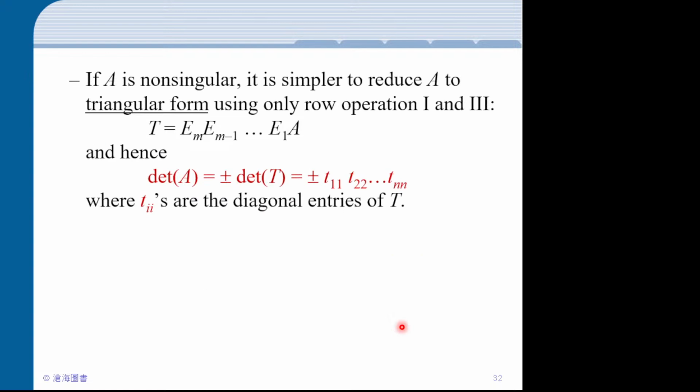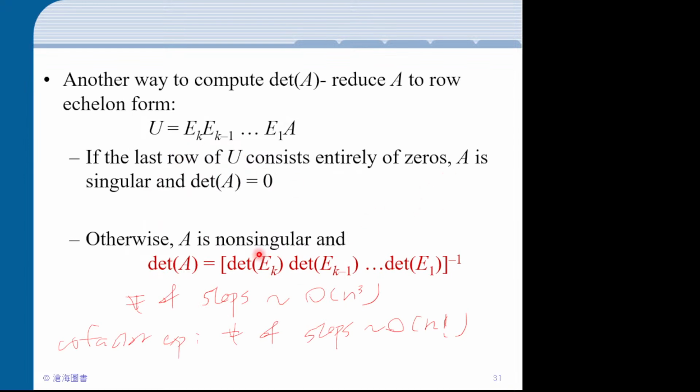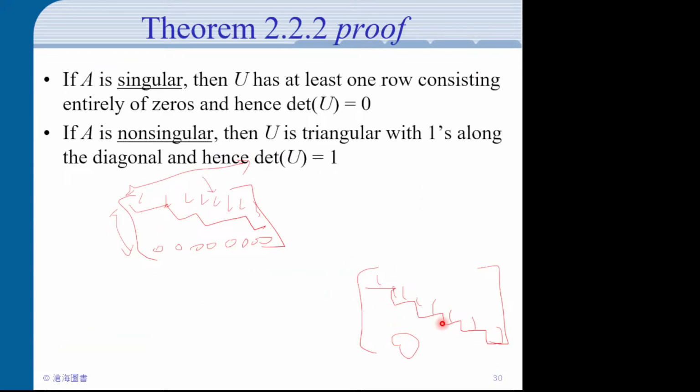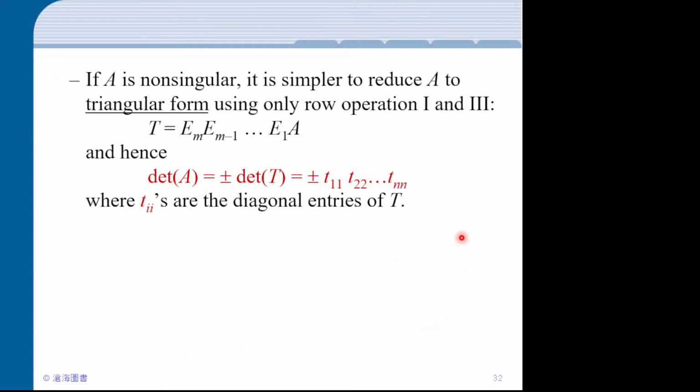Anyway, you can do this a little faster. You can just reduce to a triangular form. So in the row echelon form, remember we want the diagonals to be 1, and you can skip the making-diagonal-1 step, and then you will get into the triangular form T with non-zero elements, and you can get a similar formula.